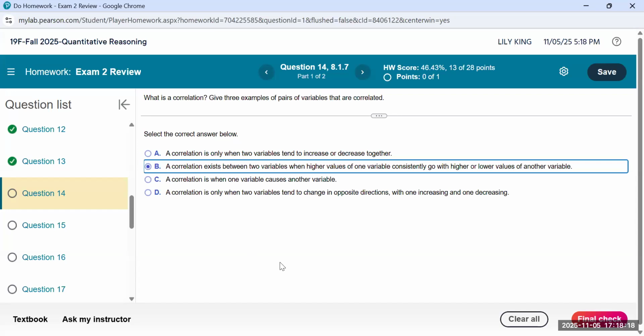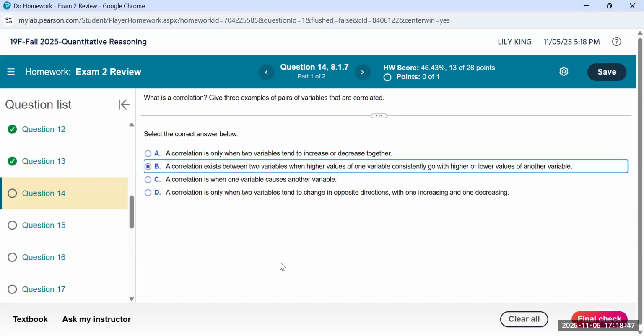All right, so the first one, option A, correctly defined what a positive correlation is, but with negative correlation, both variables do not decrease together. One has to increase and the other has to decrease. C is also not right because correlation does not imply causation.